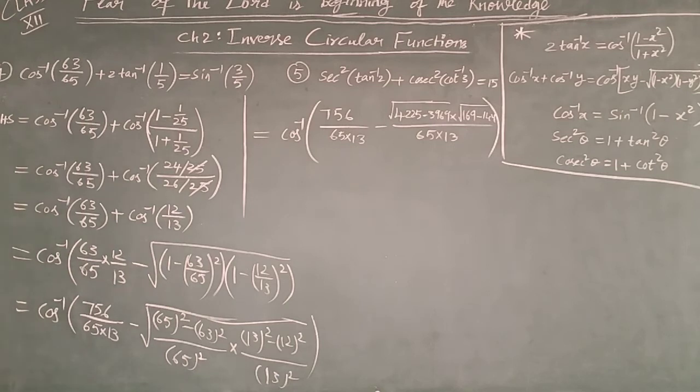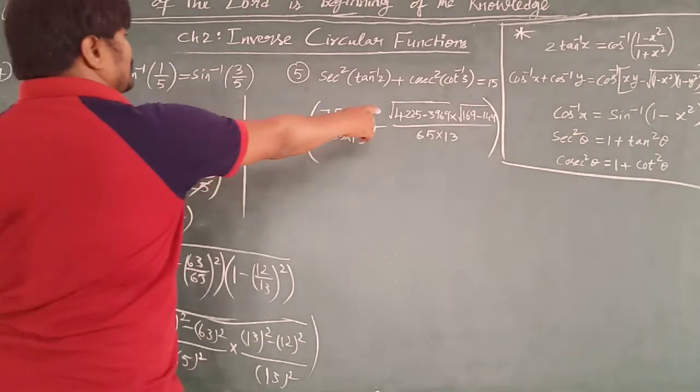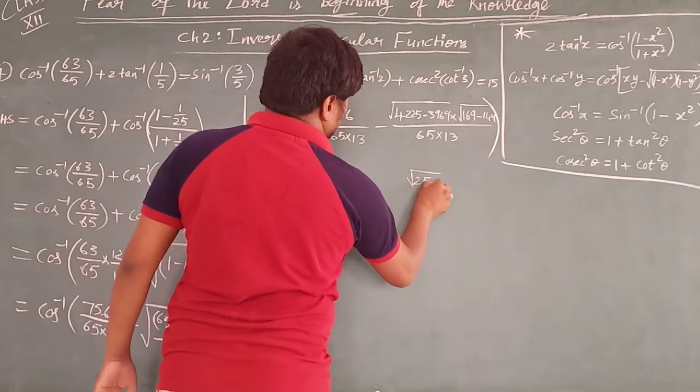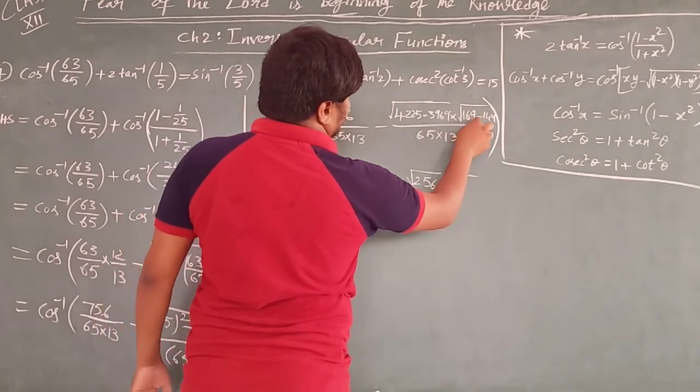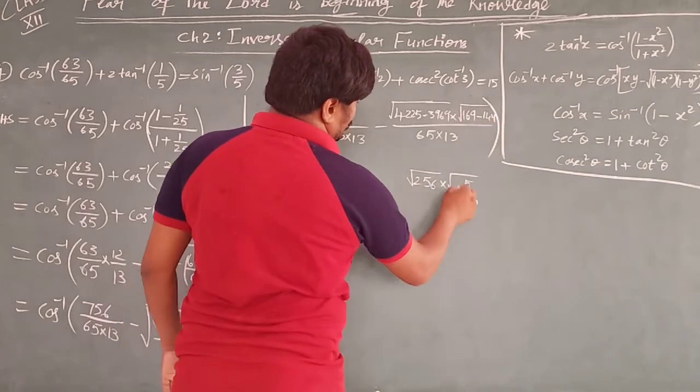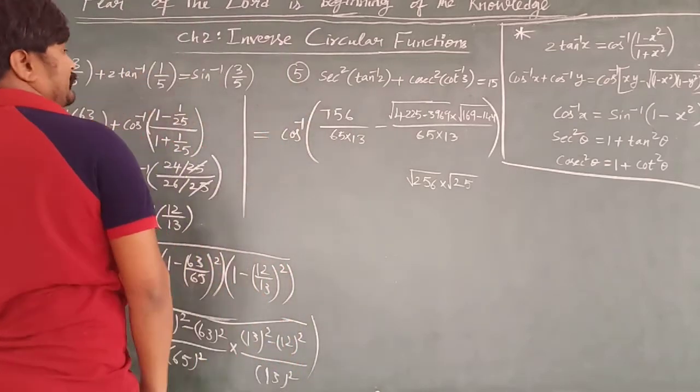When you simplify it, you are going to get 256. So square root of 256 into square root of 9 minus 4, 5, 6 minus 4 is 2. So that you get as 25.